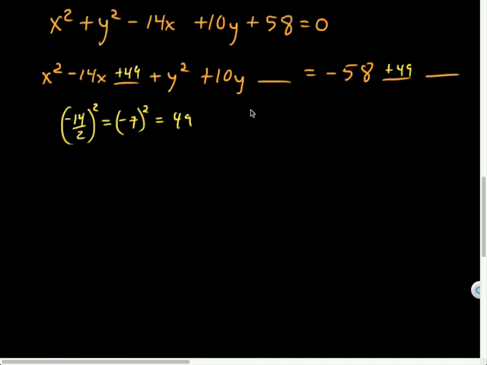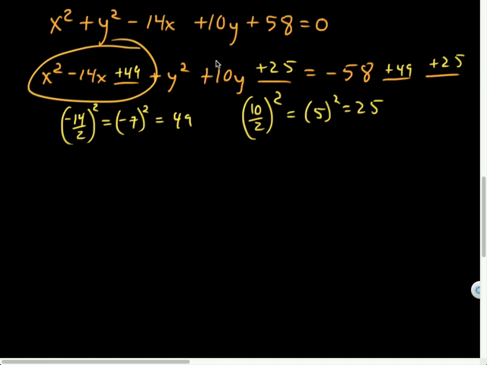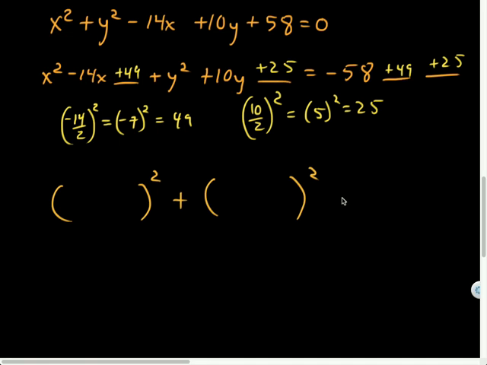And let's see, find this new C term. So that's going to be 10 over 2 all squared. It's going to end up equaling 5 squared or 25. So I'll add 25 here, add 25 here. And so now when I factor this and factor that, I'll have something all squared plus something all squared equals whatever this adds to.